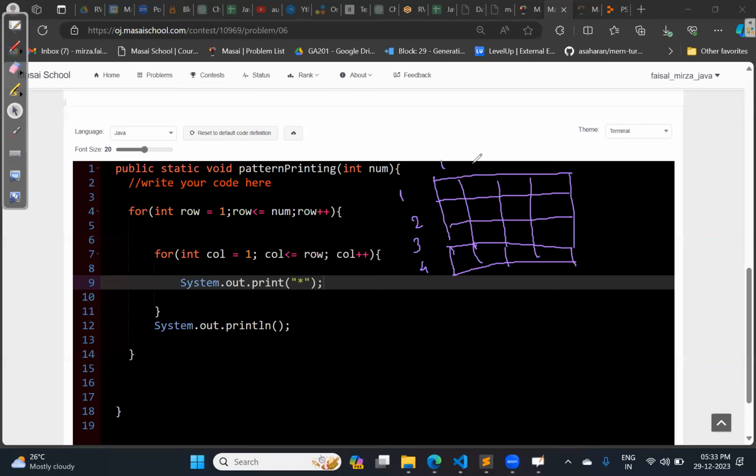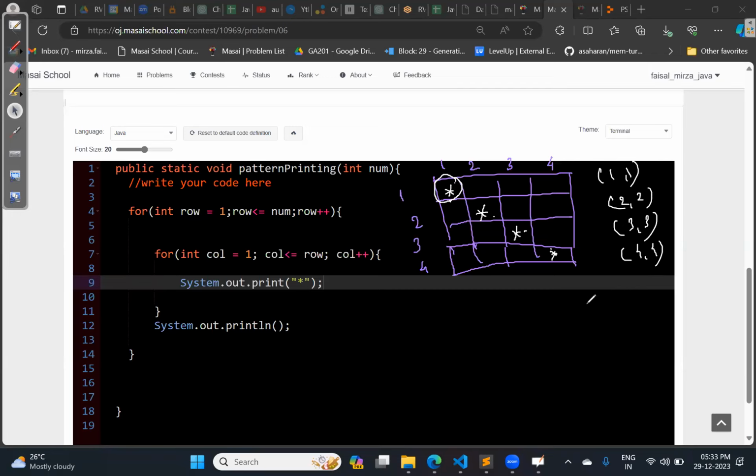Again, this is a column 1, 2, 3, 4. Now, if I just want to print this diagonal, which is backward, see the position of this one grid, or we can say this box. What is the value of row and what is the value of column over here? It's 1, 1. Similarly for this, 2, 2, 3, 3, 4, 4. What is the pattern you were able to observe?